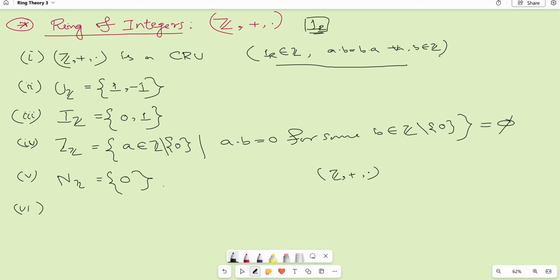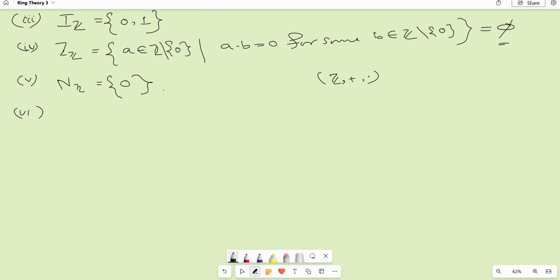If you have a commutative ring with unity and it has no zero divisor, then we call it an integral domain. But what are the zero divisors of this? The set of zero divisors is empty, right? So there is no zero divisor. So by definition, it is an integral domain. So Z plus dot is an integral domain.